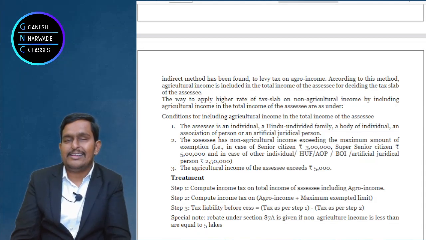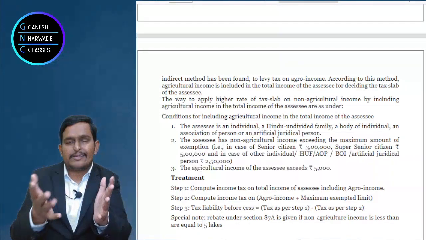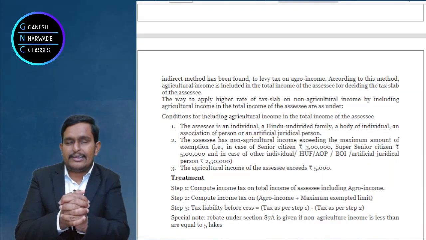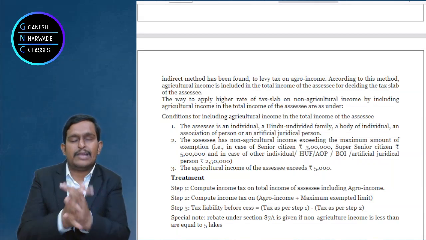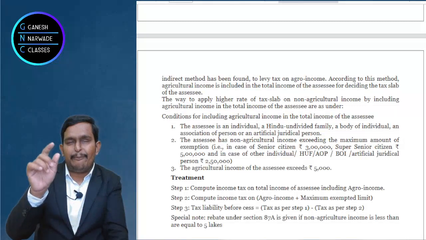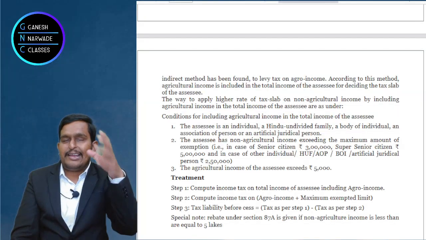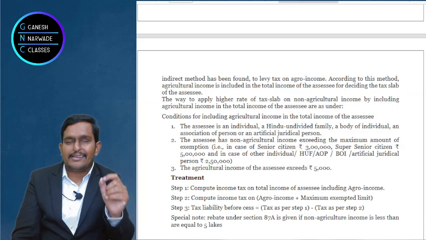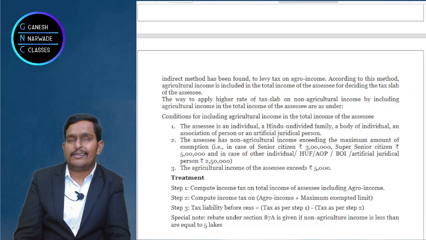Like this, we have to remember: step 1, tax on agricultural plus non-agricultural income other than health and education cess. Step 2, tax on agricultural income plus basic exemption limit. Step 3, step 1 minus step 2. And if non-agricultural income is less than 5 lakhs, then give rebate also. And finally add health and education cess.